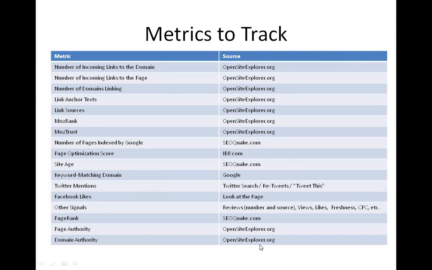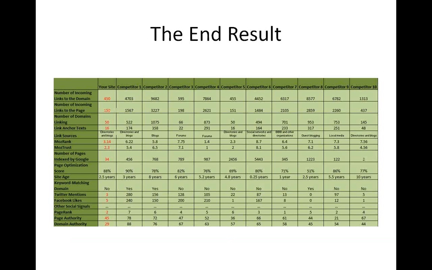And okay, so we covered all of these different sources to get all the data you need to figure out where you are and where your competitors are in all these different metrics. And this is what the end result will look like. Just so you know, it will probably take you about an hour to do this for every keyword you do it.